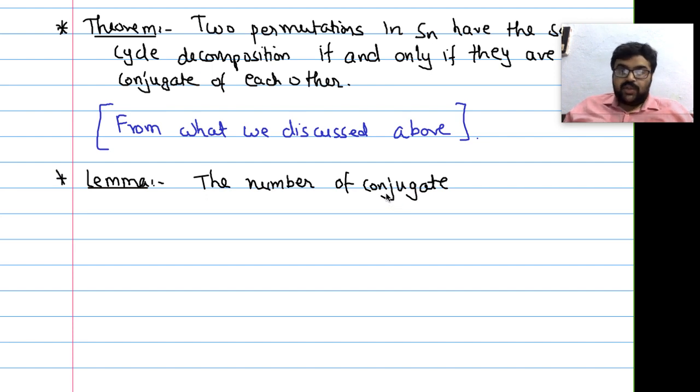That is the partitions of 6, which is why I wrote there it is up to 6. It is important to remember there are 11 partitions of 6. So the number of conjugate classes in Sn is nothing but Pn, that is the number of partitions of n.